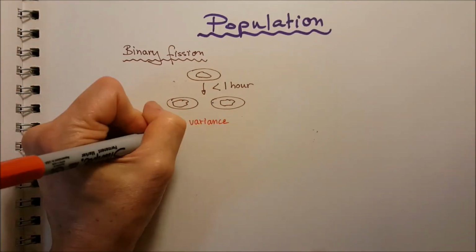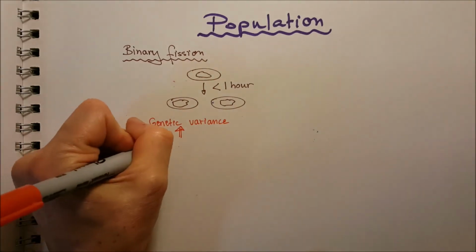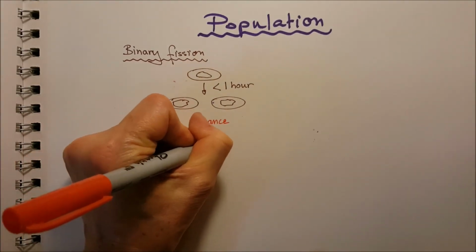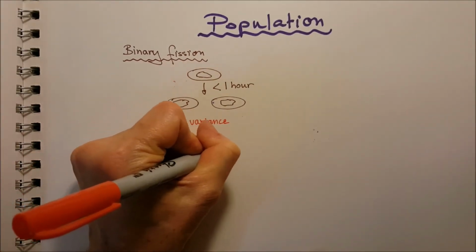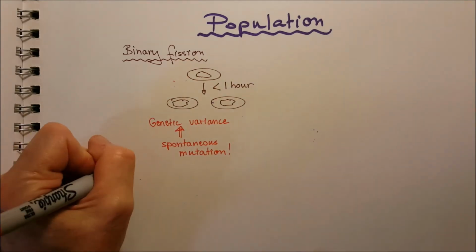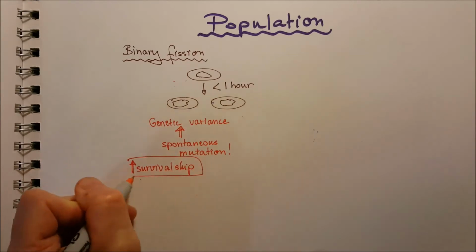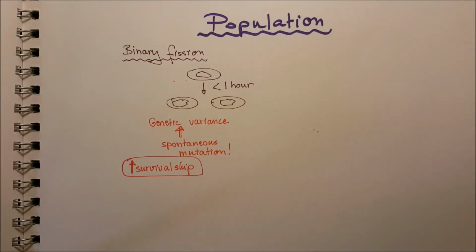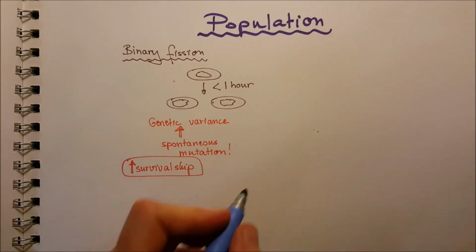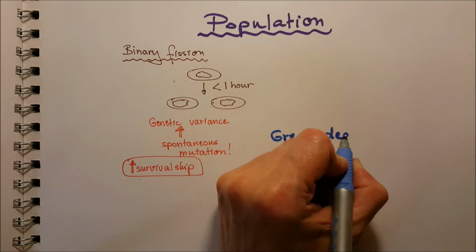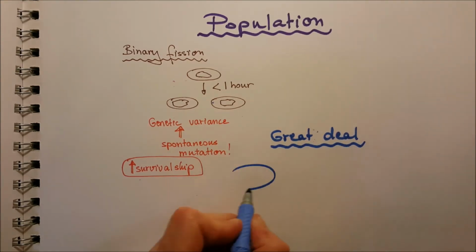Because of the rapid population growth, spontaneous mutation creates a high level of genetic variance, and that increases the survival of individual bacteria when the environment goes through a change.